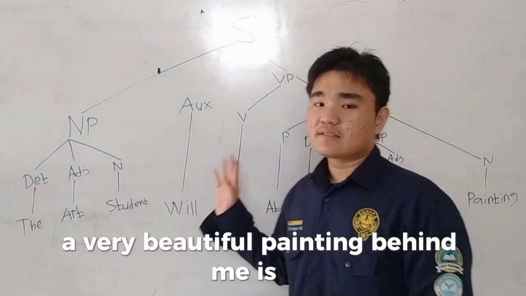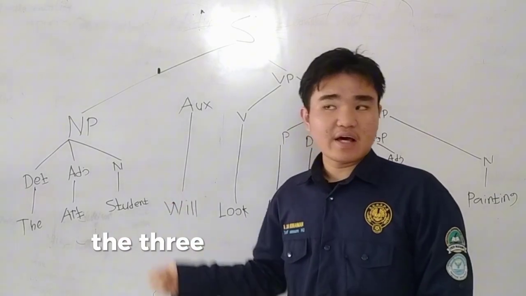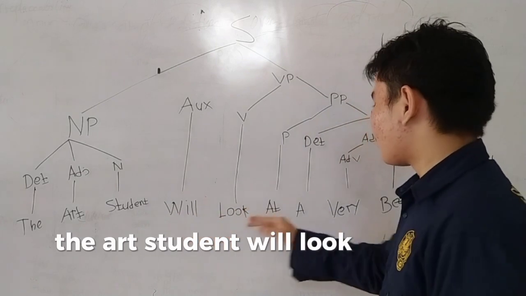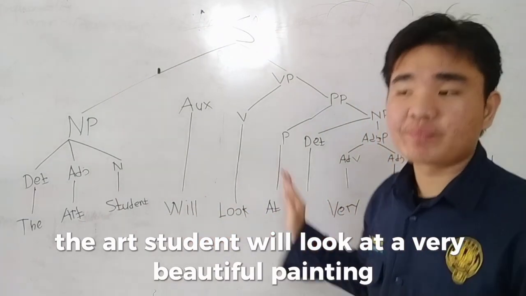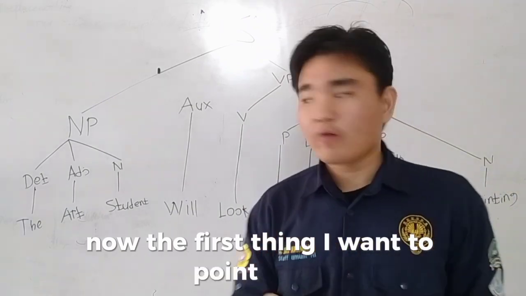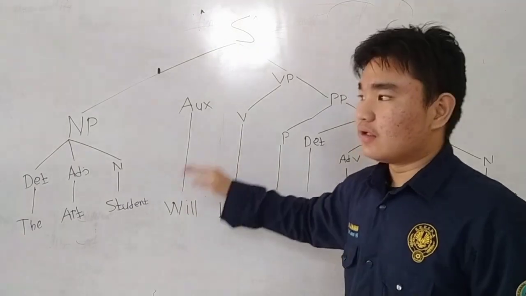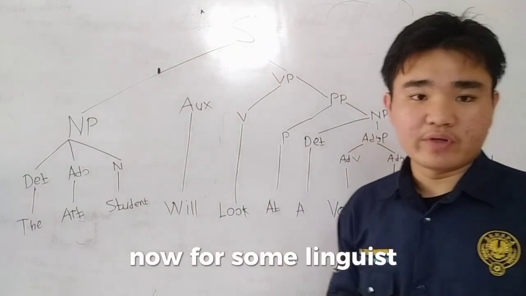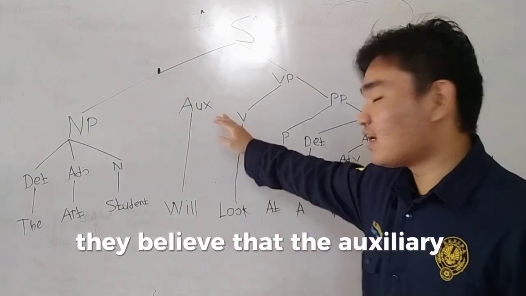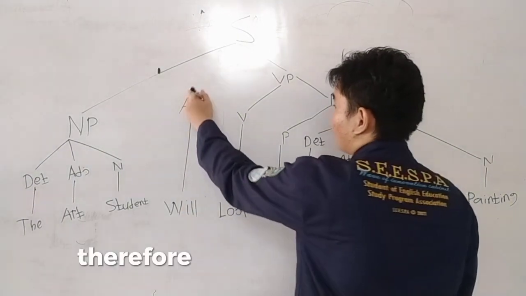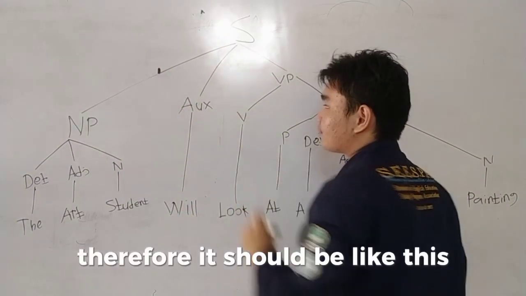Behind me is the tree diagram from the previous example. The art student will look at a very beautiful painting. Now the first thing I want to point out is this auxiliary verb, will. Now, for some linguists, they believe that the auxiliary verb is directly connected to the sentence. Therefore, it should be like this.